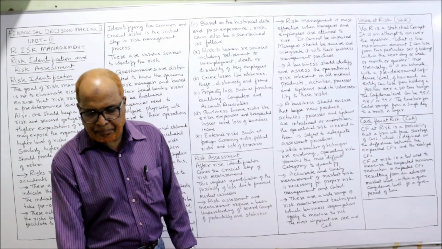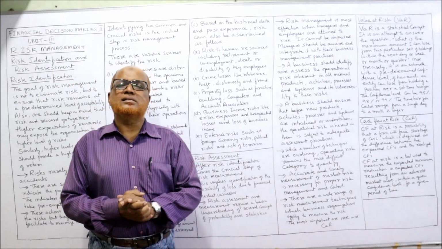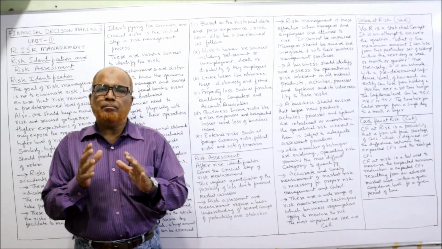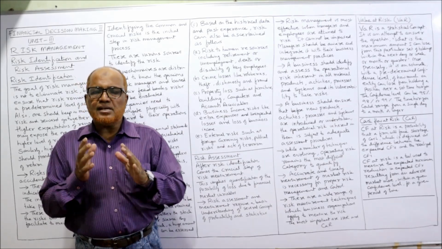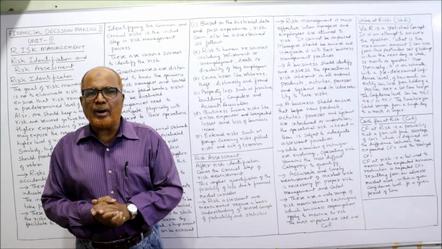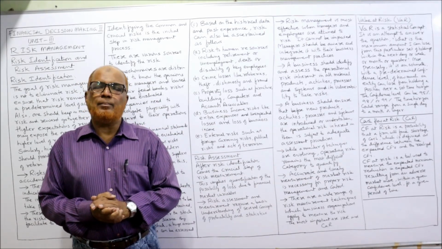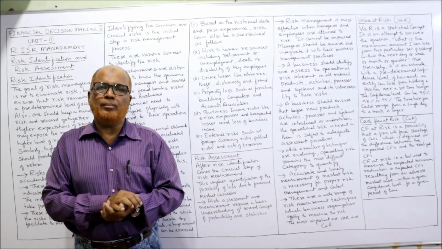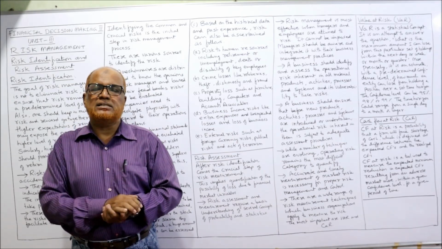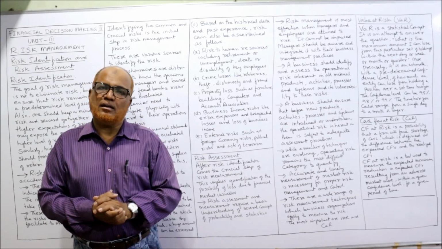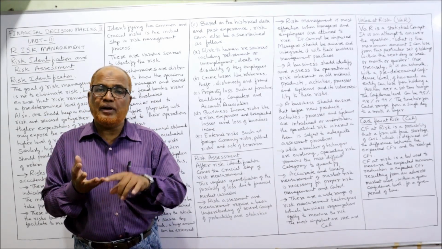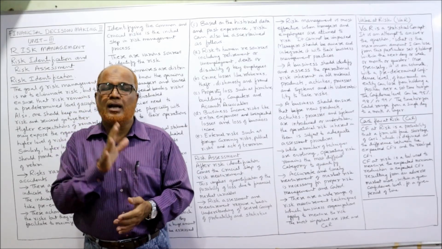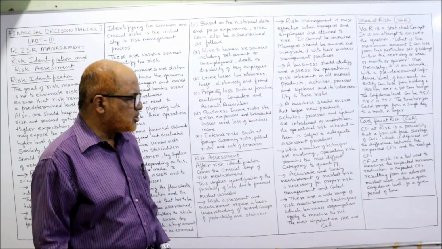In order to calculate the risk, the management must know some basics about statistics and probability, because by applying the formulas we have to assess the risk. So basic knowledge of probability and statistics is required for calculating or measuring the risk.